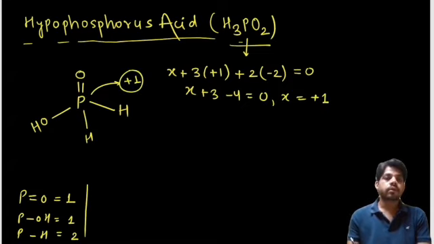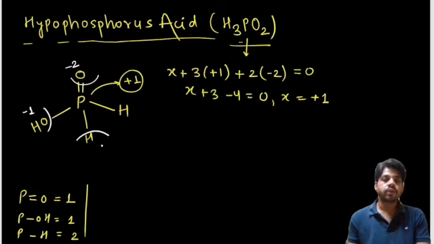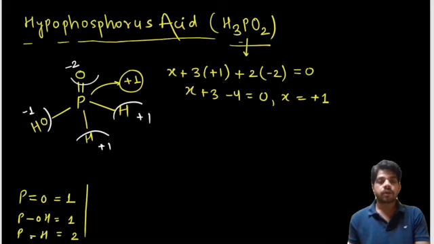Let's derive this the shortcut way. For this P double bond O, we get minus 2 in the surrounding atoms. For this, we have minus 1. For this hydrogen, we have plus 1, and for this, plus 1. As I said, each P-H bond gives plus; if hydrogen is attached to phosphorus, we give plus 1 to it, and if P-OH is there, we give minus 1. I have mentioned this earlier.